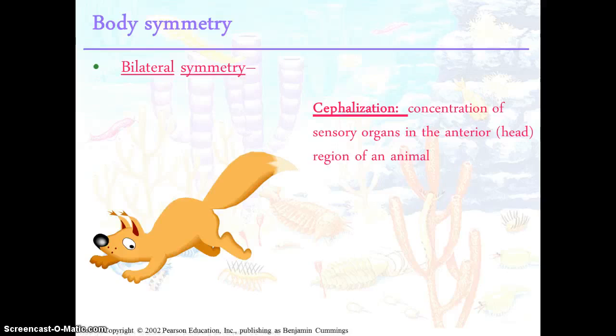Okay, and that only is going to occur with your bilateral symmetrical animals. So those sense organs like smell and sight and taste would be found in this particular type of body symmetry.